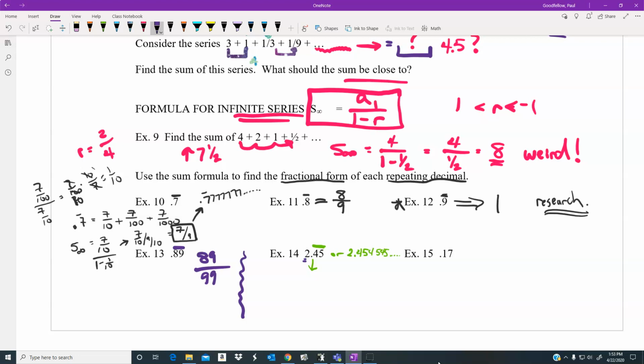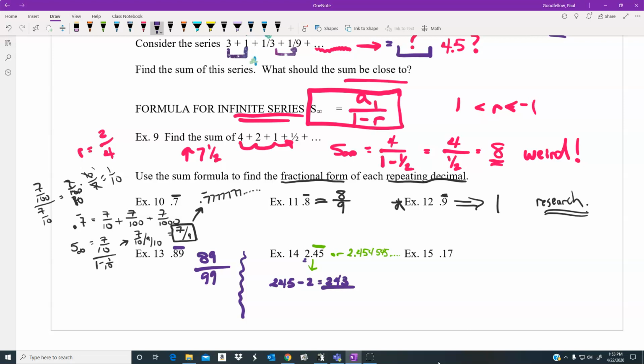But since there's a guy on the outside, this is what I have to subtract from 245. So I'm going to take the original 245, and take away 2 from it because that's the one integer sitting out here on the outside, which would be a total number of 243.